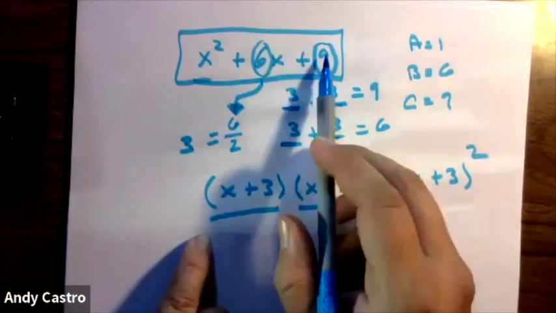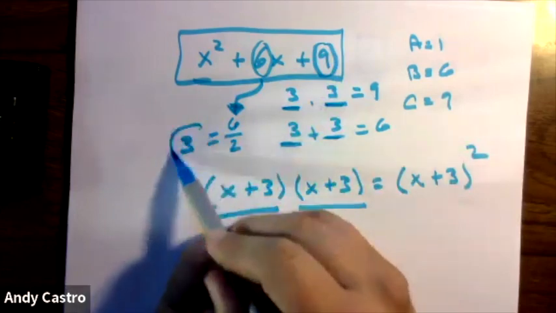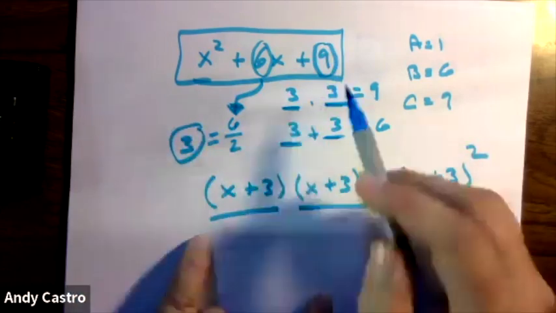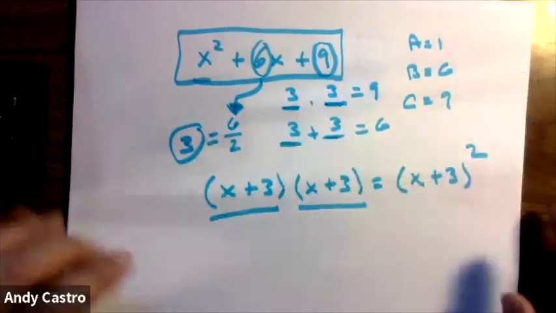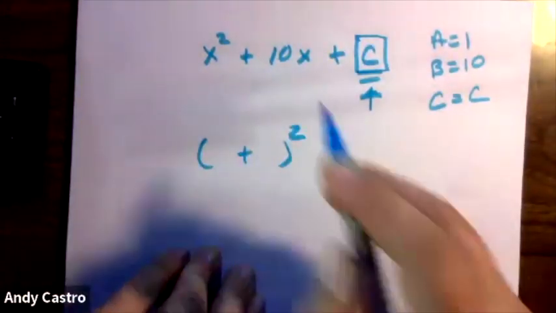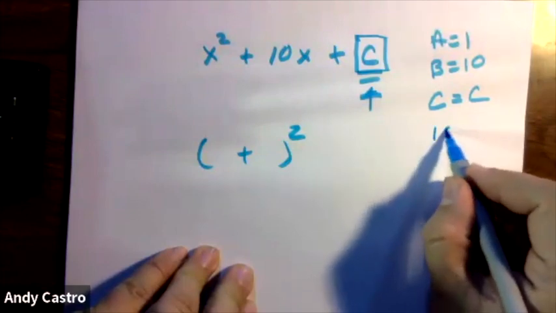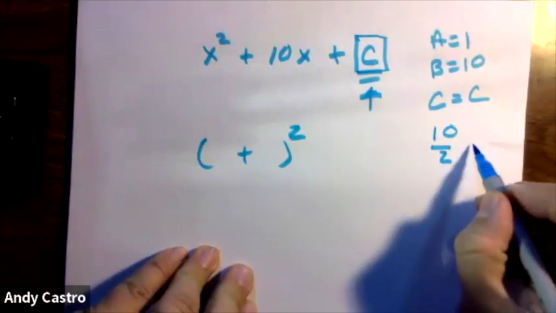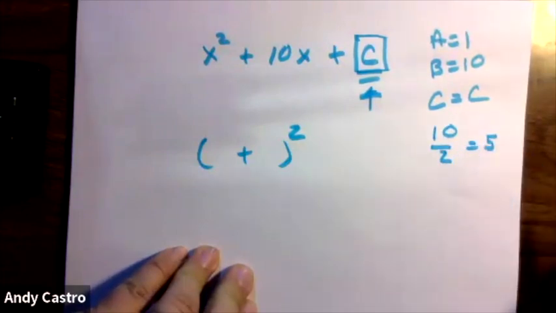So then here, this number is going to be that number times itself. So let's look at that here. For 10, if I take 10 and I divide it by 2, I get 5.